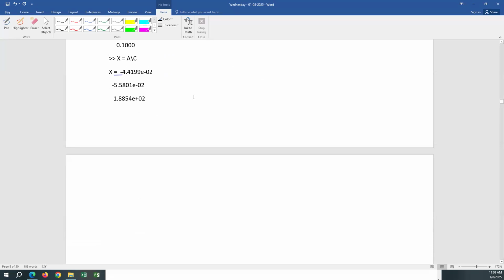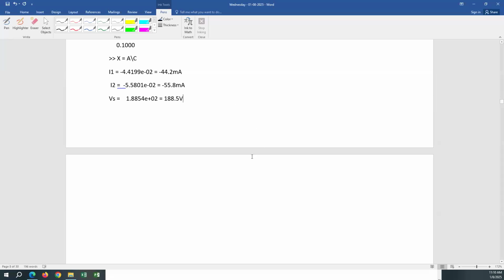So, okay, this is I1, this is I2, and this is Vs. Negative 44.2 milliampere, negative 55.8 milliampere, and 188.5 volt.